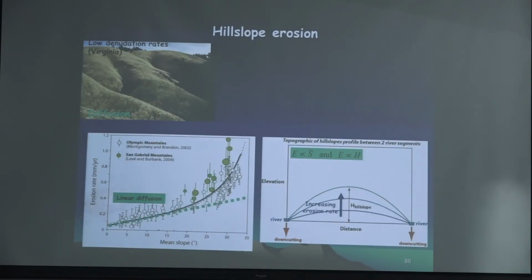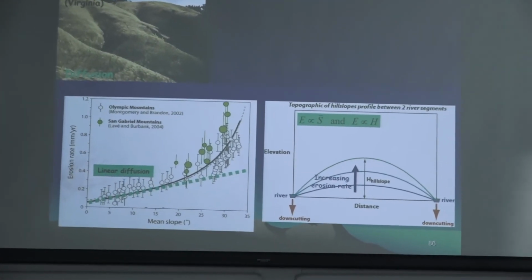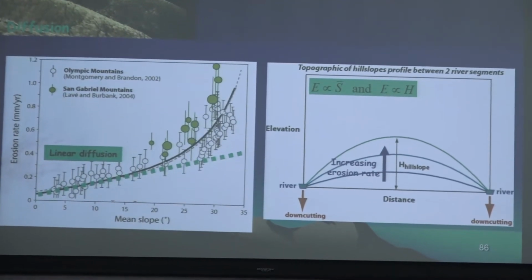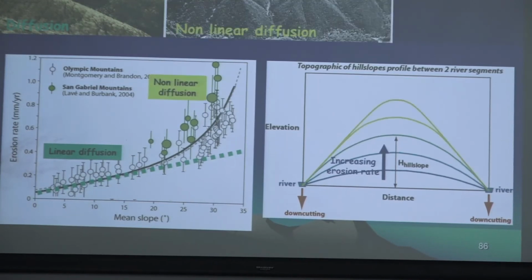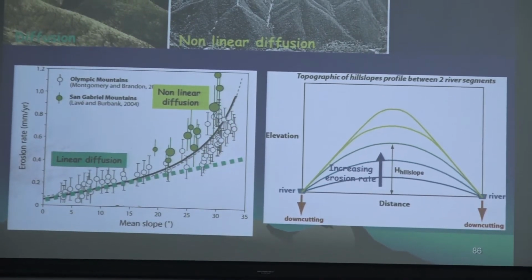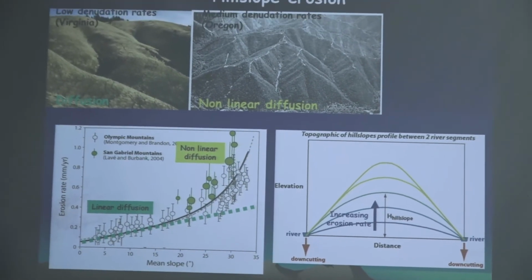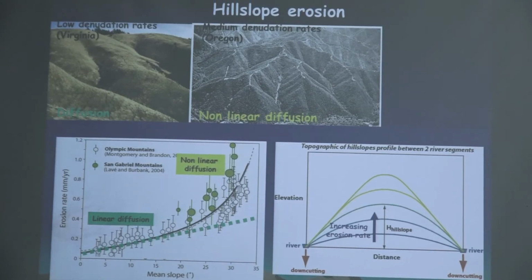So to end up with the hillslope erosion, in slowly eroding landscape, mostly linear diffusion, parabolic shape due to this linear diffusion, then we increase the erosion rate. Because of a steeper slope, we begin to have nonlinear diffusion processes like shallow landslides, soil stripping.